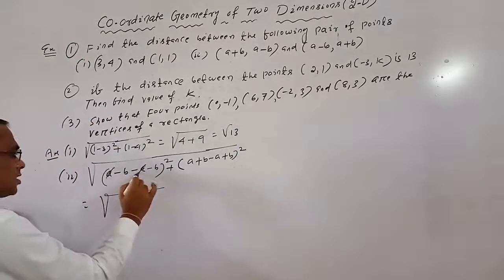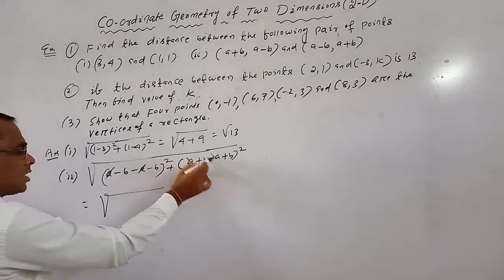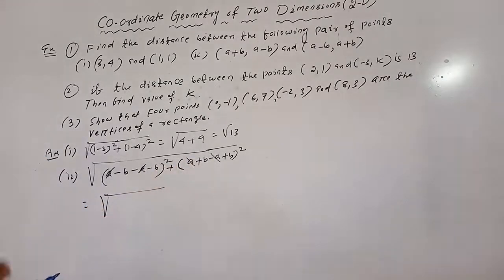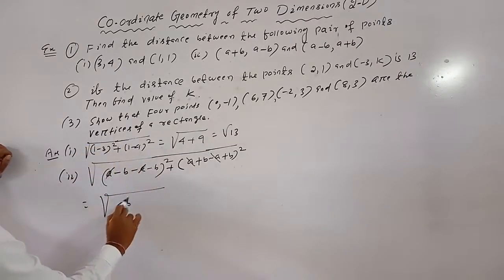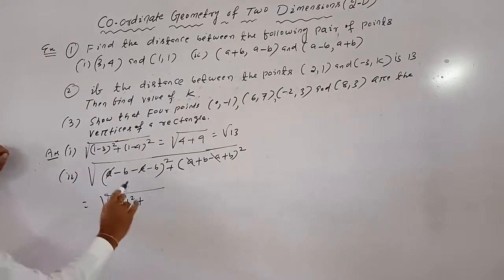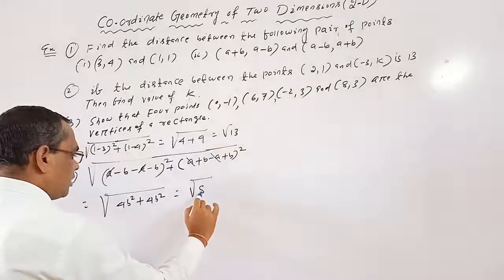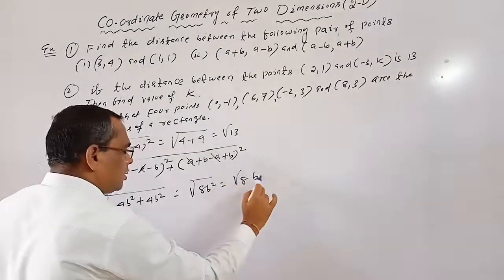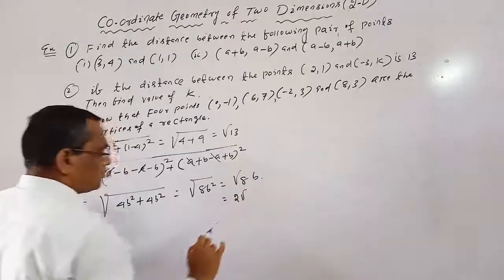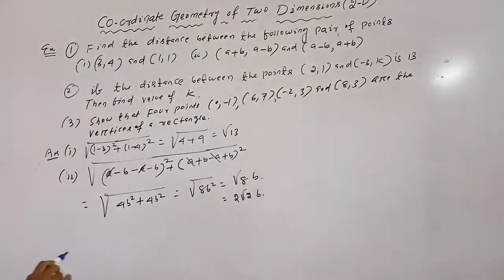So plus a minus a cancel, here also plus a minus a cancel. So (minus 2b) squared means 4b squared, and here 2b squared is also 4b squared. So the square root of 8b squared, which is 2 root 2 b. Okay.